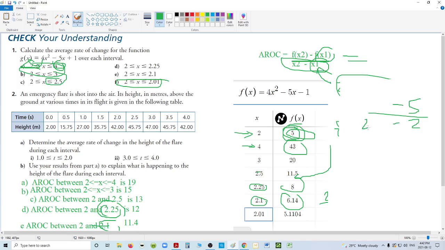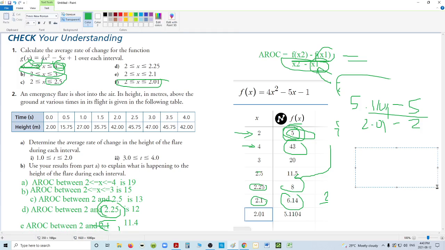And here we're subtracting 2.01, and all we need to do is find the f at 2.01, which fortunately I've taken right there, is 5.1104. Okay, so when I subtract the top, I'm left with 0.1104, and when I subtract the bottom, I'm dividing it by 0.01.